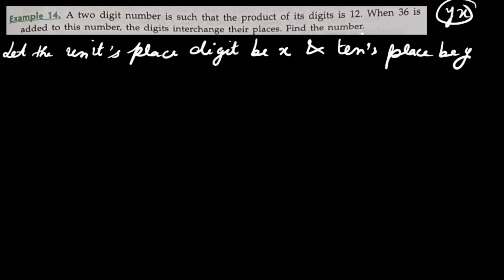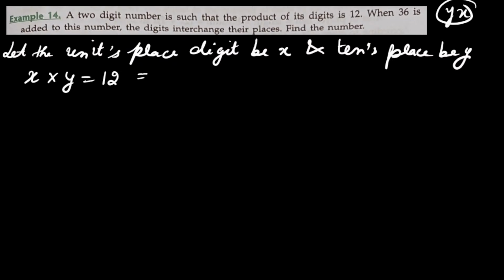Here they have mentioned that the product of its digits is 12. So the first statement is the product of the digits, that means x into y is 12.